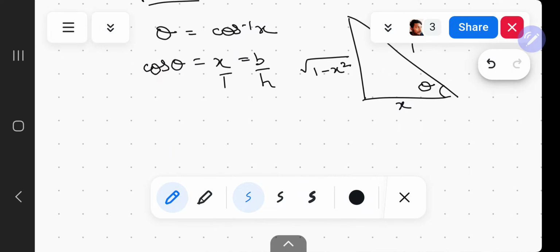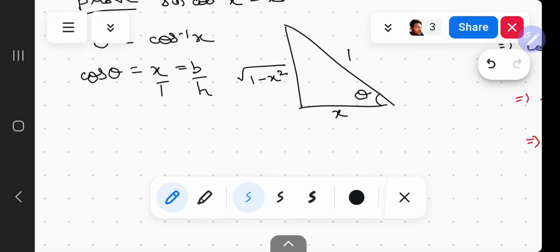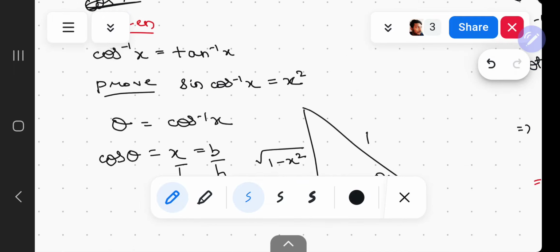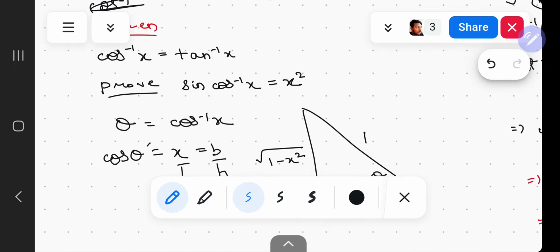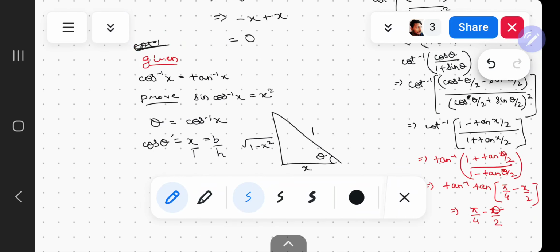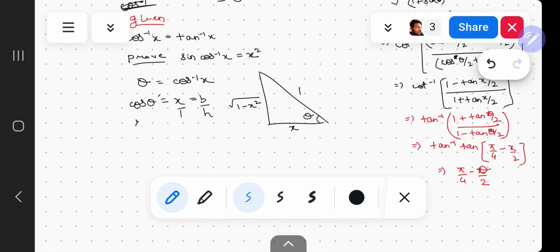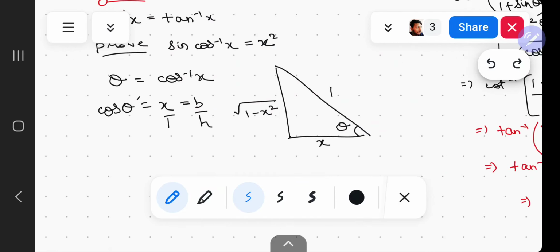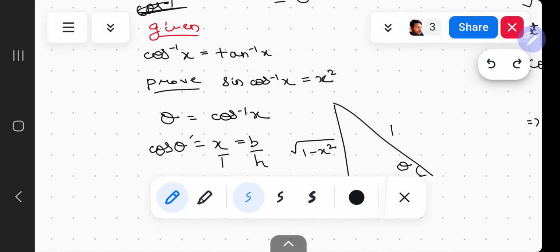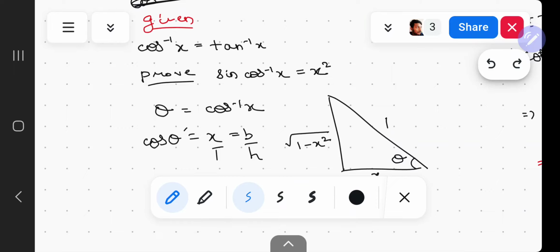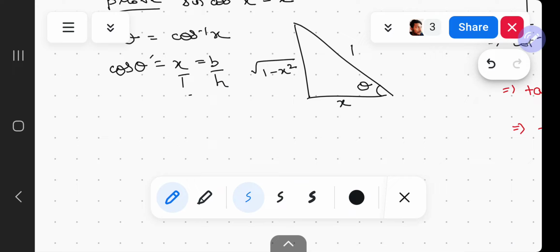So we'll find the value of cos inverse x from here. Okay, first of all we'll convert it into sine, then we'll see what happens.